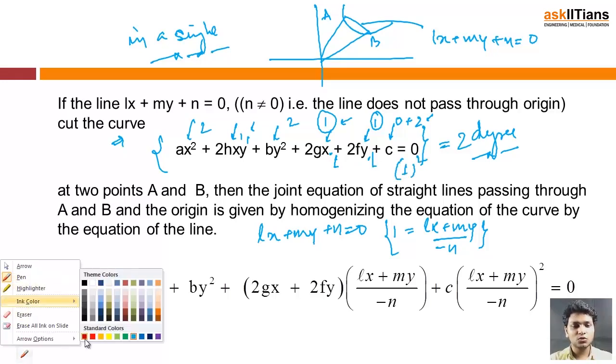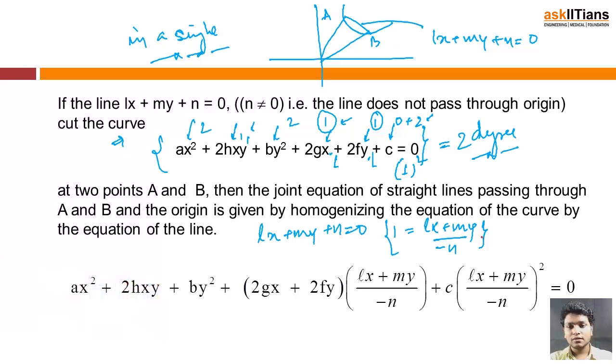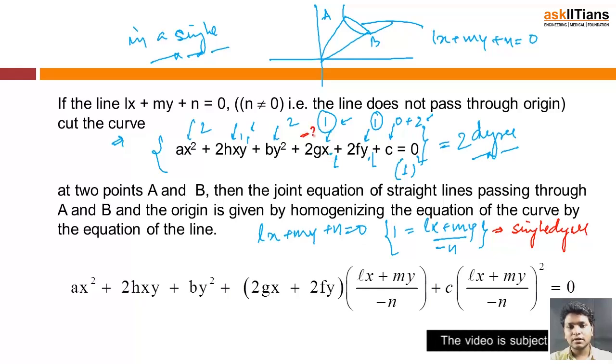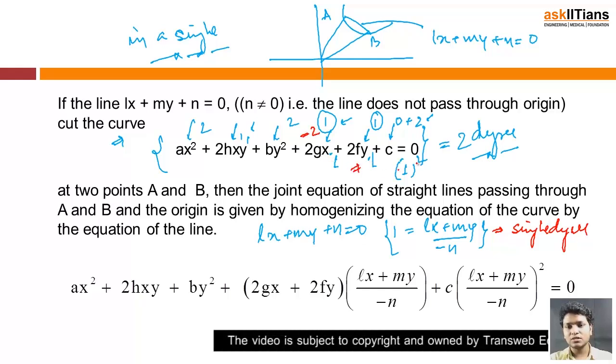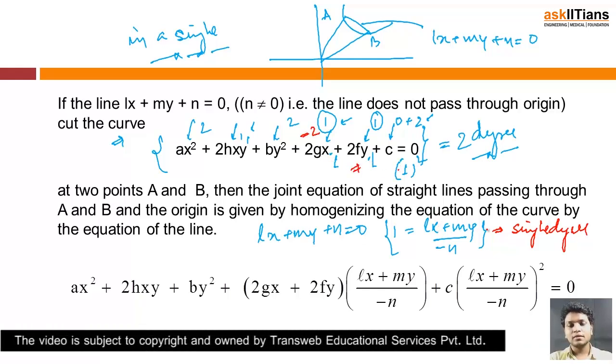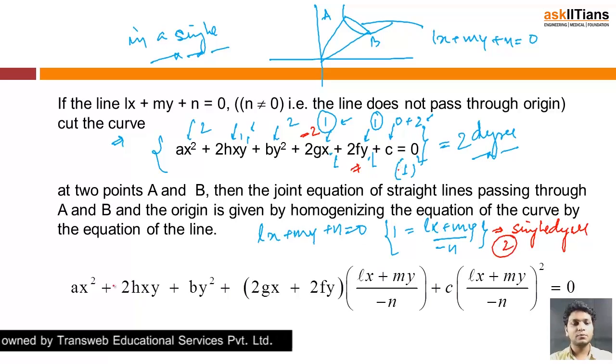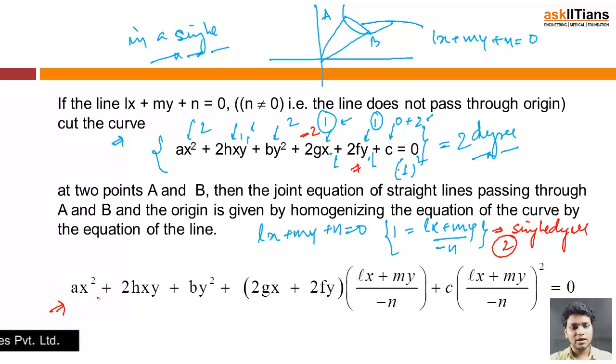If I multiply this with 1, the numerator contains a single degree, and if I multiply it with another single degree, I'll get the maximum degree as 2. Same over here, and 1 square, because this will give me the degree of 2 if I square it up. So this is the final equation: ax square plus 2hxy plus by square plus 2gx plus 2fy into Lx plus my upon minus of n plus c times the square.